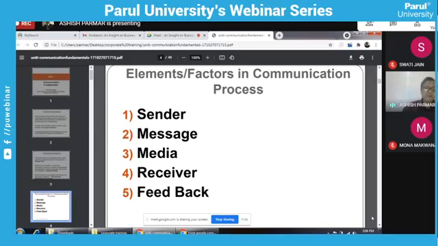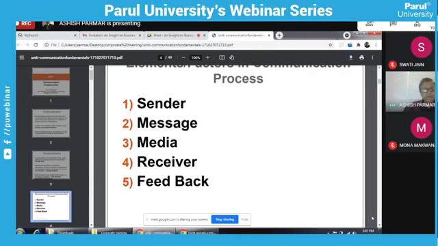The sender is the person who sends the message. First, initiation, the message which is designed or developed, and the media through which the message has been sent. On the other side, the receiver receives the message, understands it, and then returns feedback. So these are the 5 components in communication which we have to look at.